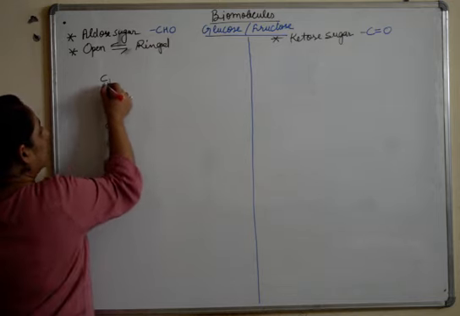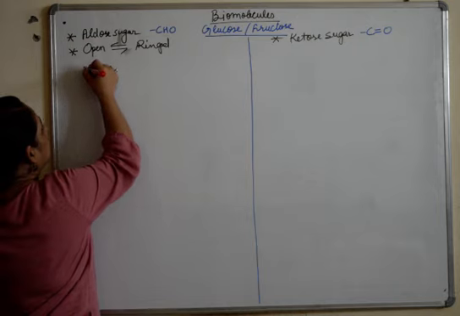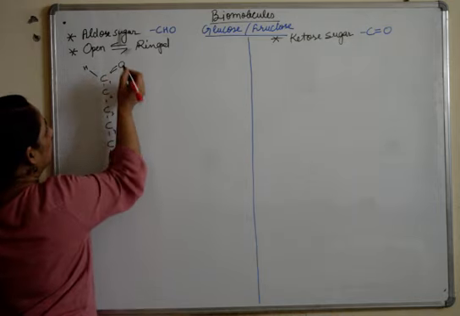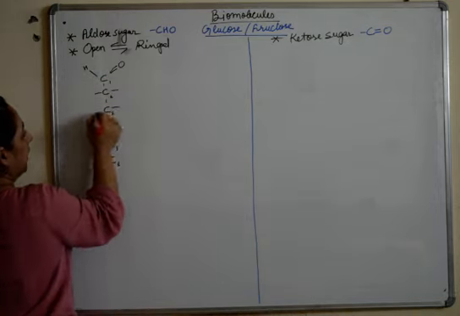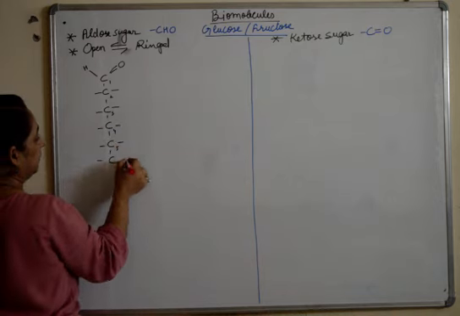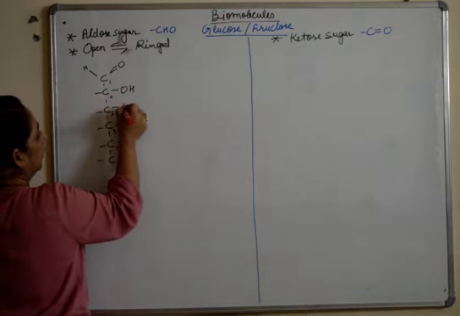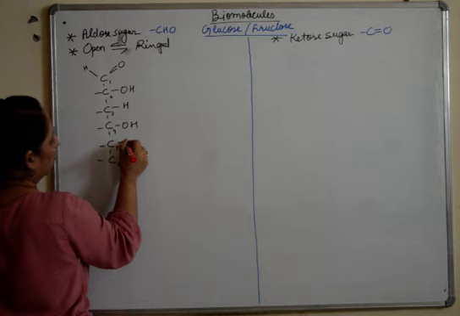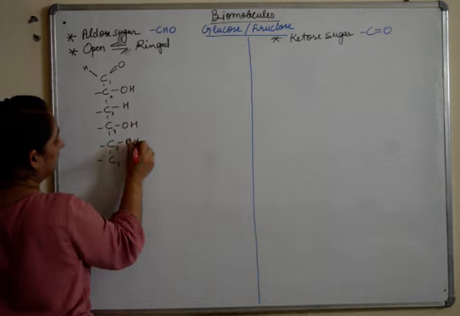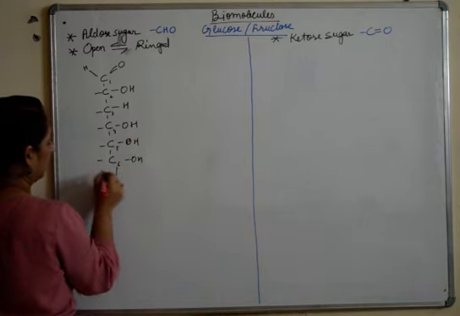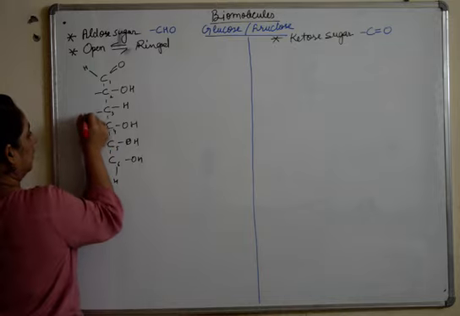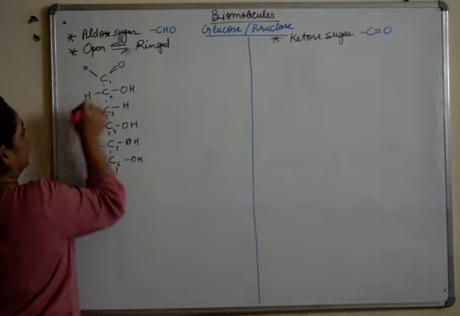So again it has this aldehyde present here at the terminal end, and then at the third carbon the orientation is opposite, but others remain the same. This is OH at third carbon.